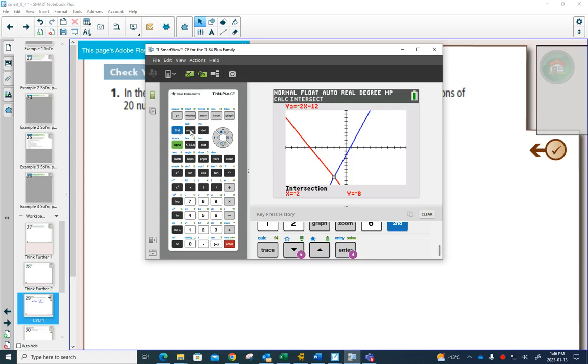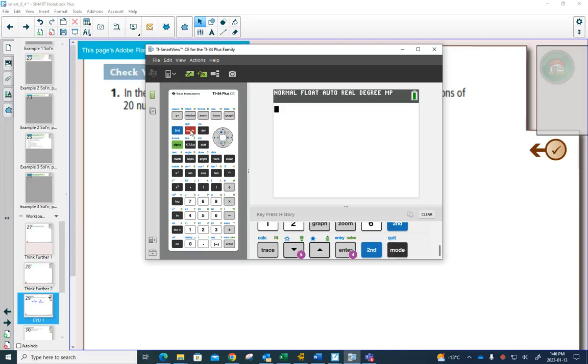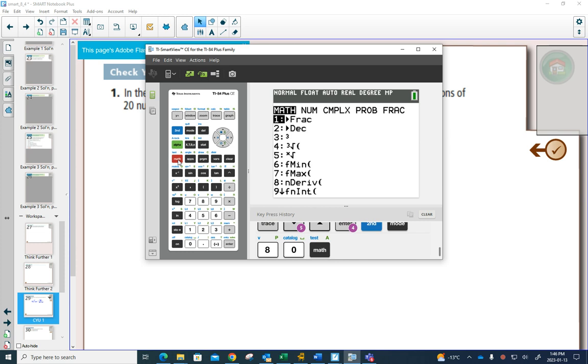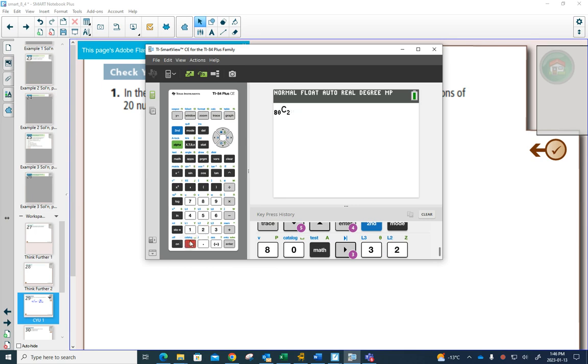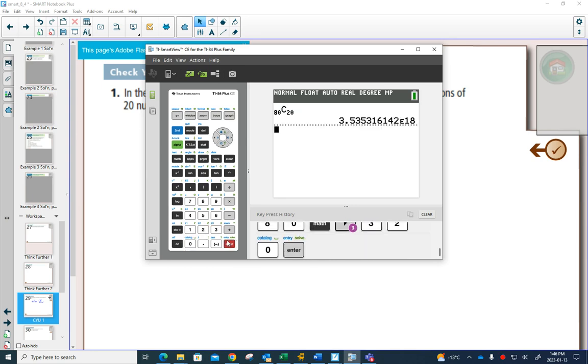You should find the combinations button on your calculator. Type in 80, find the button, then type in 20. For me, under math, go over to probability, number 3, 80 choose 20. A lot.